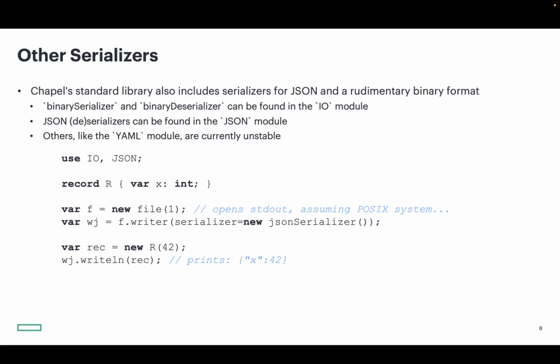Then we call the writer method on that file. We pass in a new JSON serializer, and we get a file writer back. Finally, we use that writer to print that record out to standard out, and that prints a JSON object with the name-value pair of x and 42.